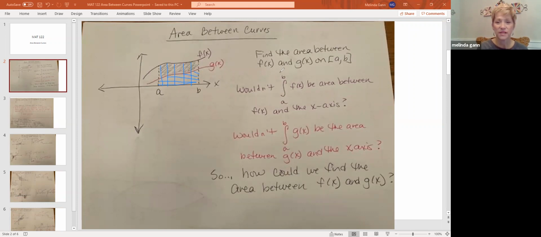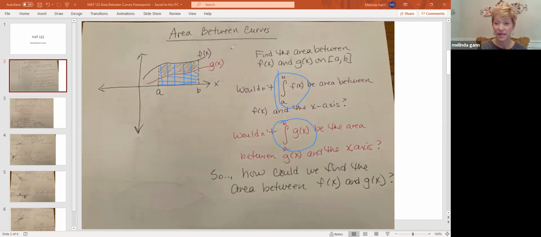Okay, so this integration gives me the area from f of x down to the x-axis, and this integration gives me the area from g of x down to the x-axis. How could I use those two things to get the area between the two?